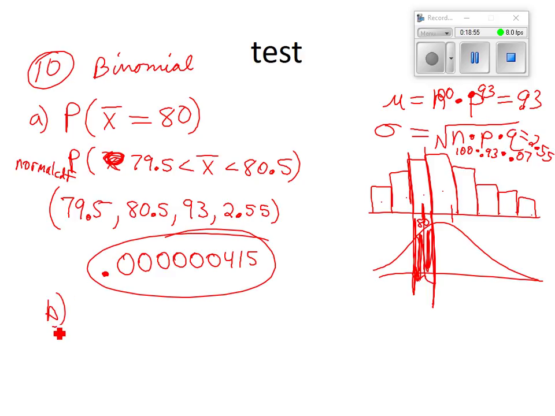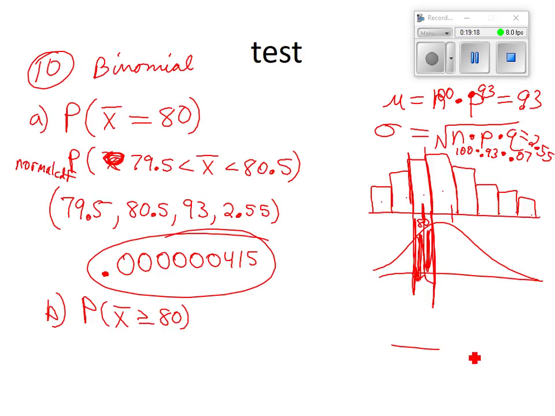Part B, let me try to squeeze them in here. This time we want greater than or equal to 80. So we don't want exactly 80. We want the stuff that starts here and goes that way. So we want the probability that X bar is greater than or equal to 80.